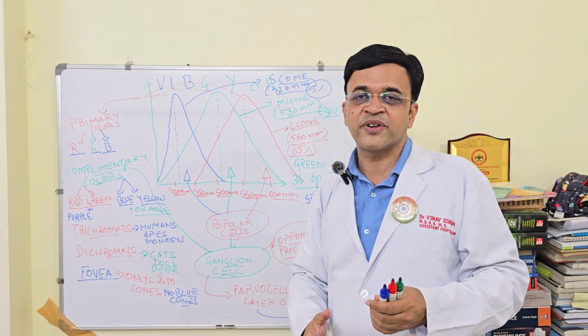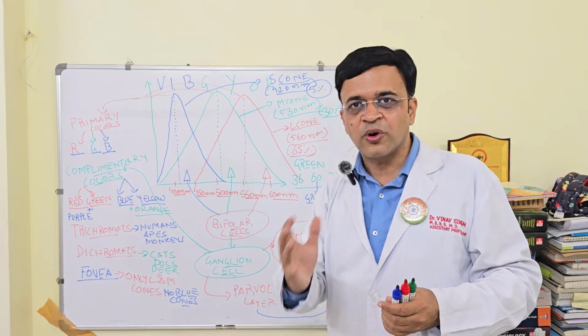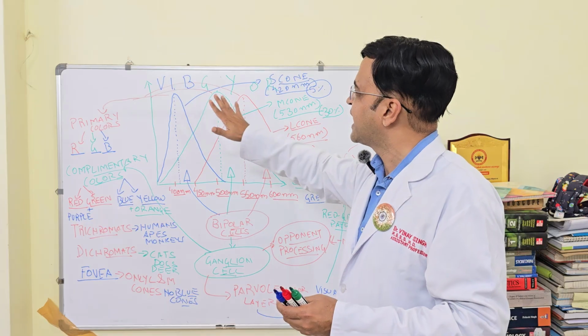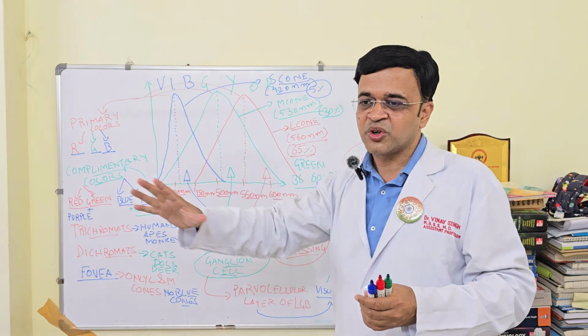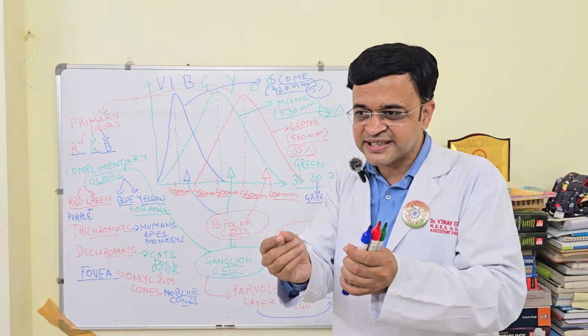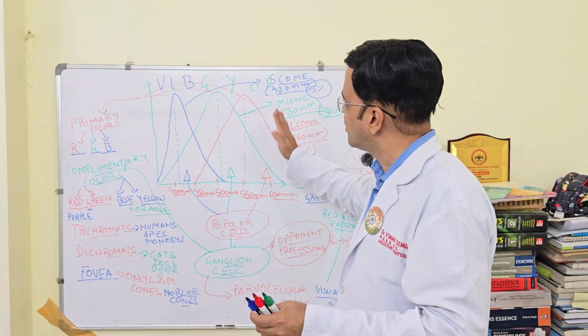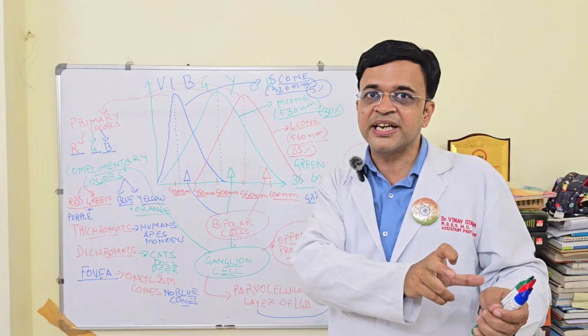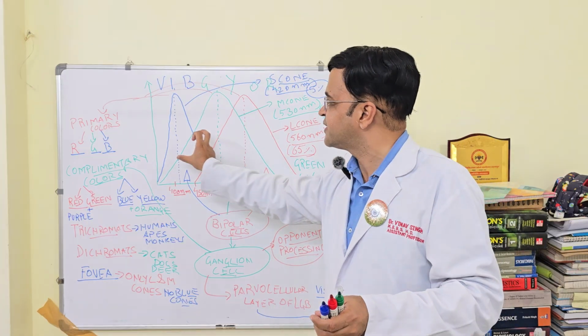To avoid this confusion, we are now calling it L cone, M cone and S cone, because they are not absorbing any single color, they have got a range. Just the spectrum of that range is different.